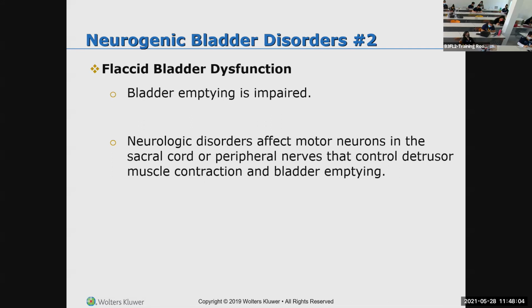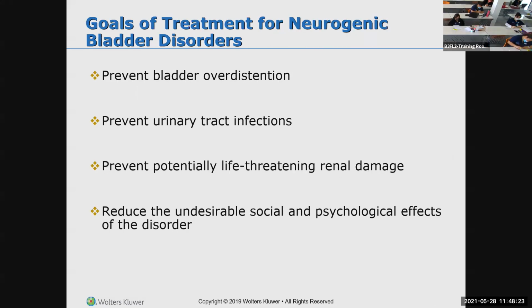Because it is flaccid, neurologic disorders affect the motor neurons in the sacral cord or the peripheral nerves that control my detrusor muscles, and thus bladder emptying. Parasympathetic helps in emptying of the bladder, and the sympathetic nerves help to hold the urine in the bladder. The goal of treatment for neurogenic bladder disorders is to prevent bladder overdistension. That is important.